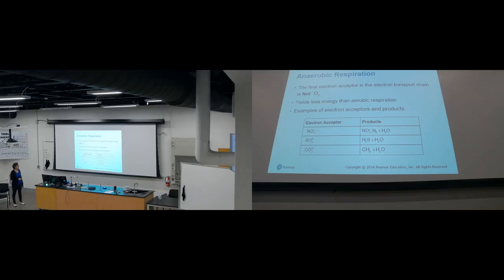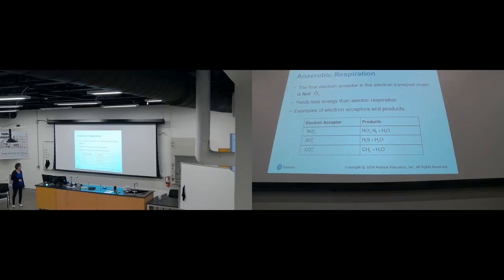Some products of this anaerobic respiration out of nitrate can be nitrites and nitrogen gas and water. In the case of sulfate, you can have as products hydrogen sulfide and water.